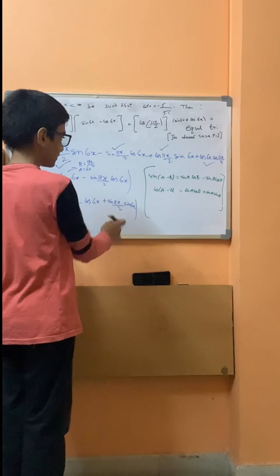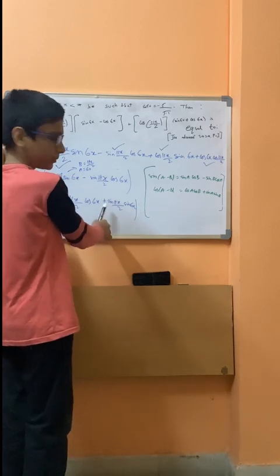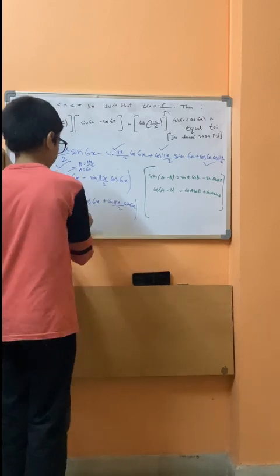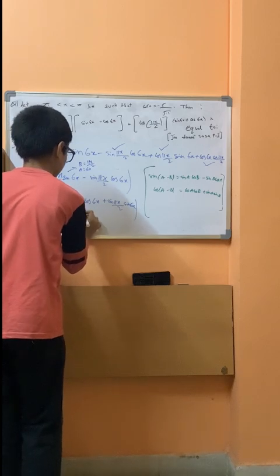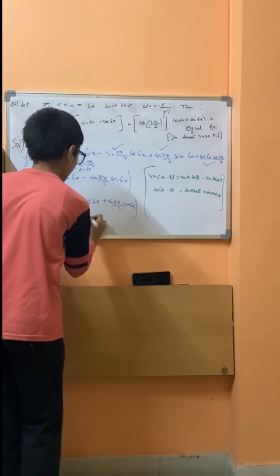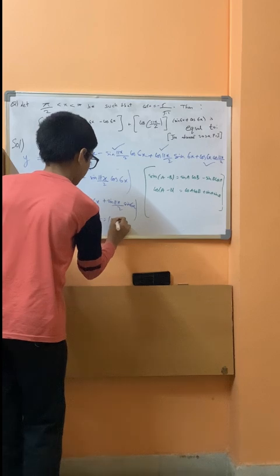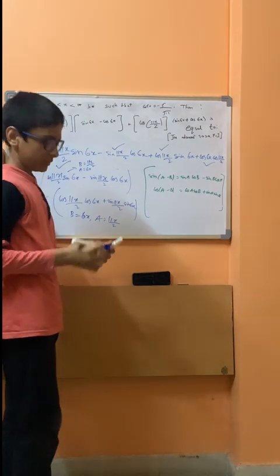And similarly for this, as this is cos a cos b plus sin a sin b. So over here b is 6x and a is 11x by 2. This is what we get.